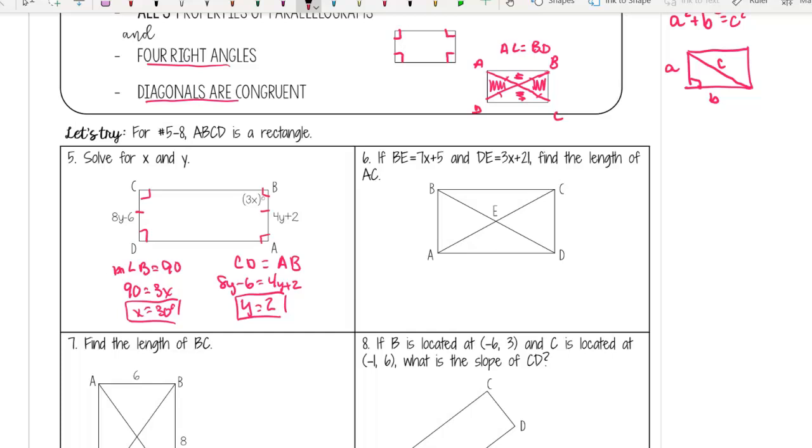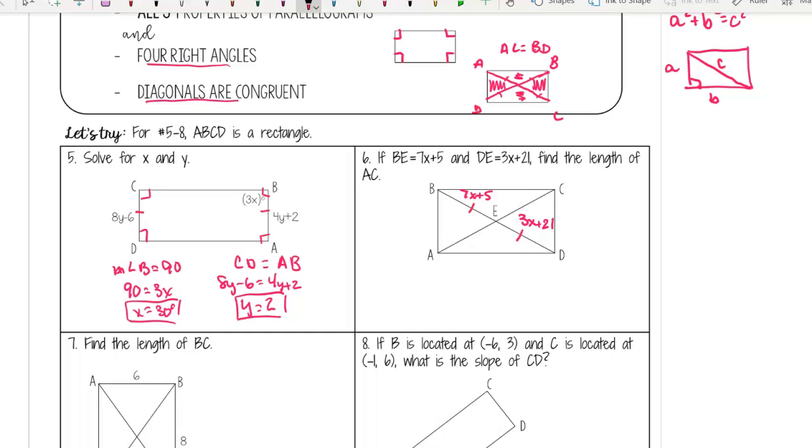Next one, BE. BE is a diagonal. And what do we know about diagonals in a parallelogram and a rectangle? Well, we know that the diagonals are split into 2 equal pieces. So that's easy to think about because it's a parallelogram. And then we also know that the diagonals are congruent to each other because it's a rectangle.